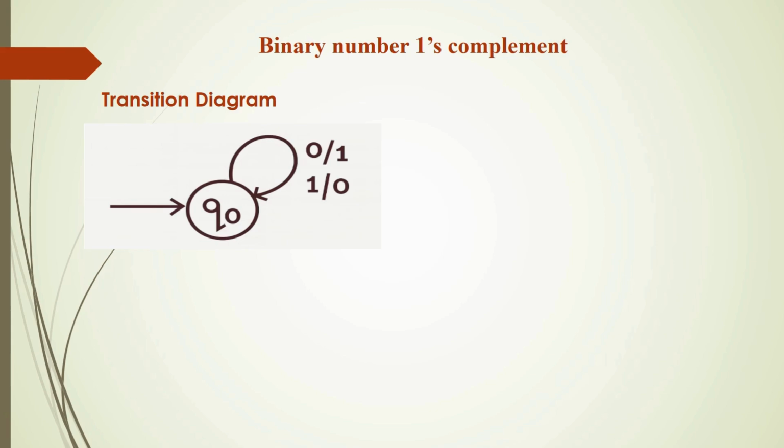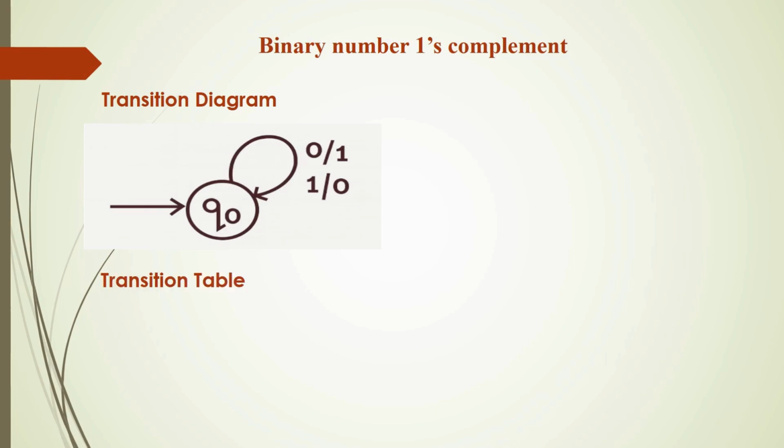Your transition function or your output function states that in a Mealy machine, your output is associated with your current state and your input symbol. Okay, so this is the transition diagram. Now let's design a transition table for the same.